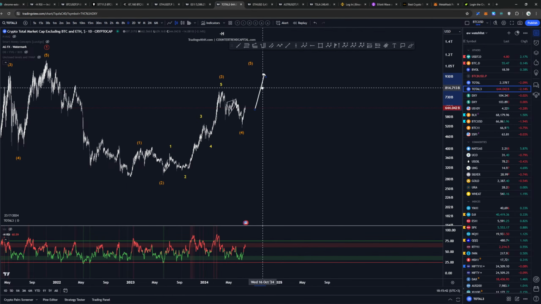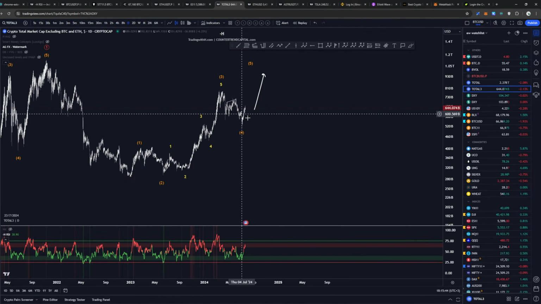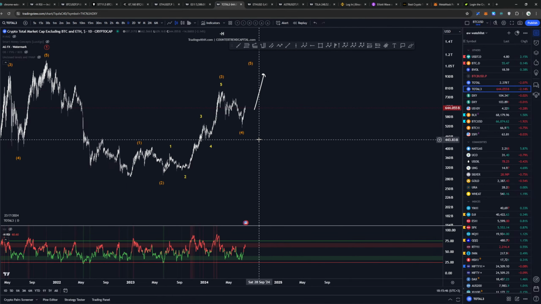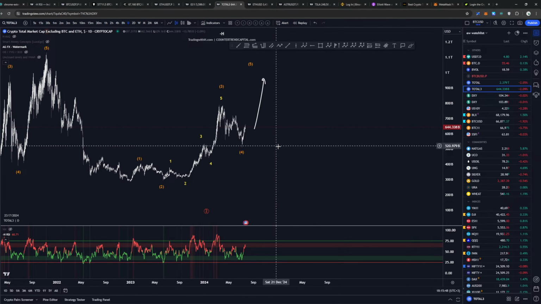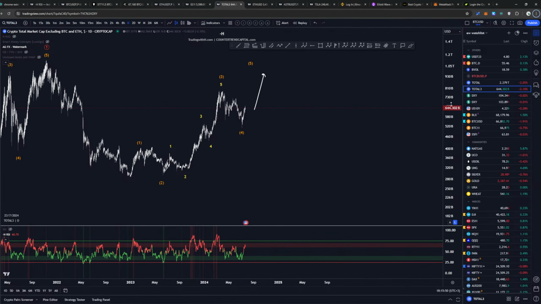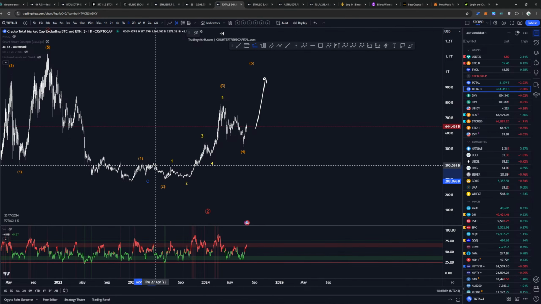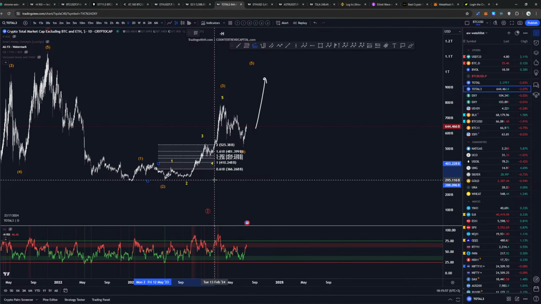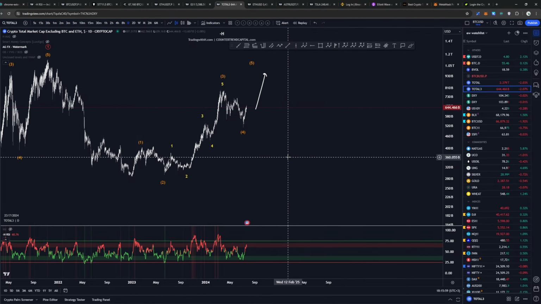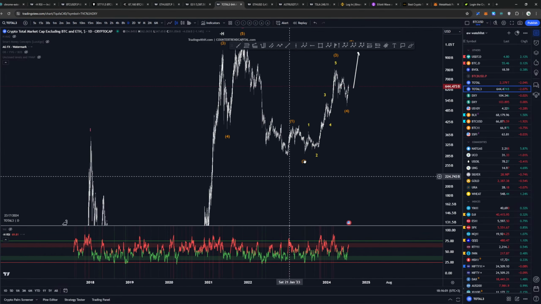I'm still expecting one more high here overall on crypto, just based on the extensions here on both log scale and arithmetic scale. Both are extended so much here that I'm really expecting that last leg up. Sometimes the fifth wave is really the largest.